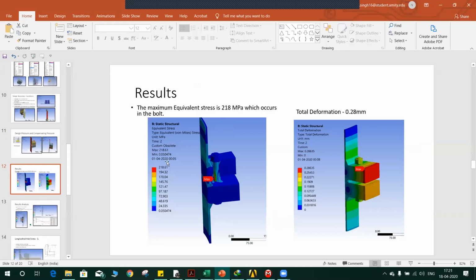Firstly, the von Mises stress comes out to be 218 megapascals, and it is quite high, in the bolt only, but it's not a thing to worry about because we don't compare the von Mises stress directly to the yield stress over here, because it's a pressure containing part. And deformation is 0.28 mm.